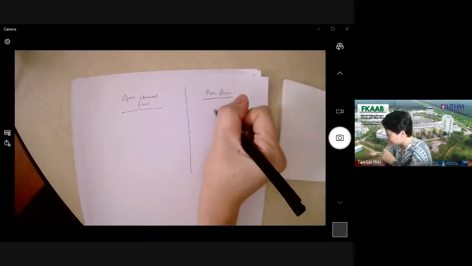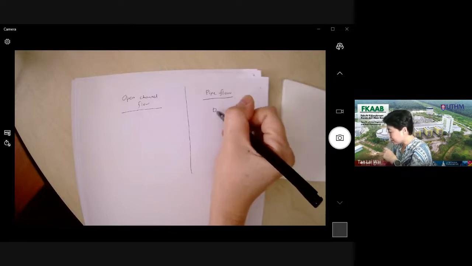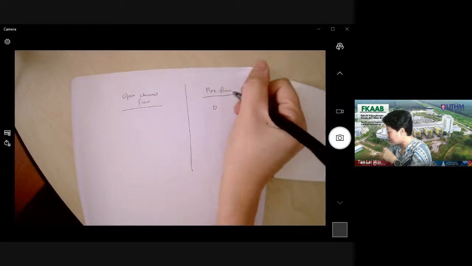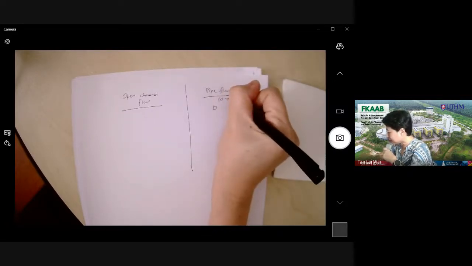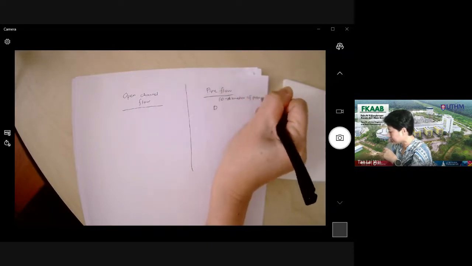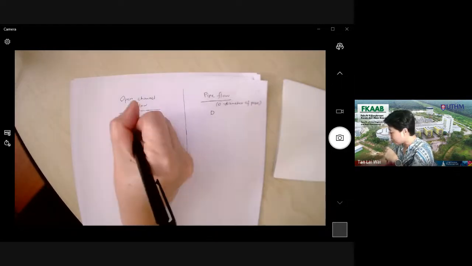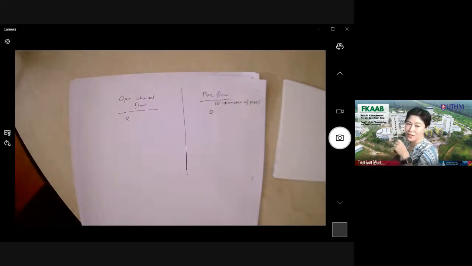Last time when you were using D, it actually stands for diameter, not the hydraulic depth. In our syllabus, we learned that D is equal to A over T, but last time your D is the diameter of pipe. Now, this time, for our Reynolds number, we use the hydraulic radius, which is R.